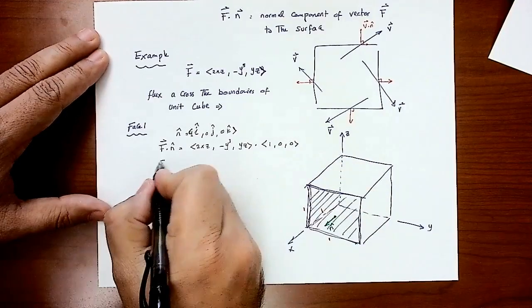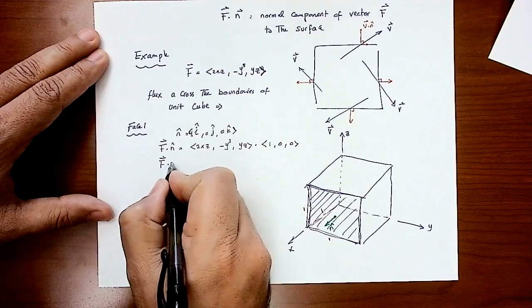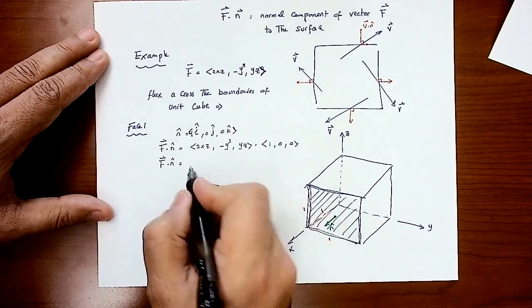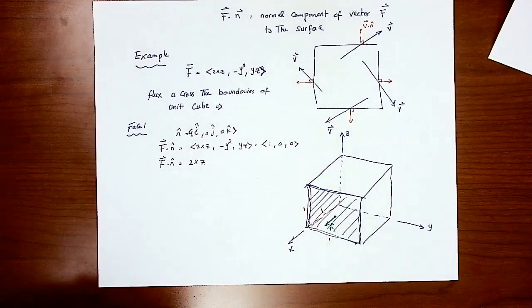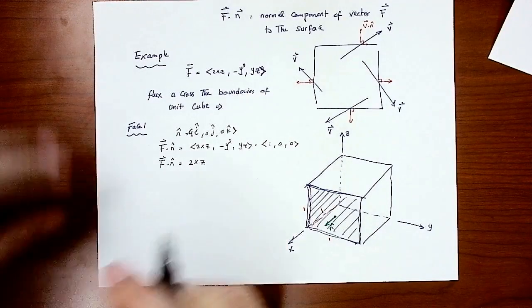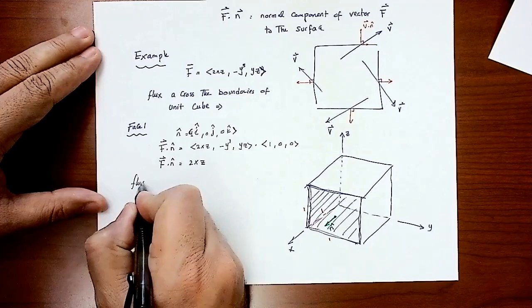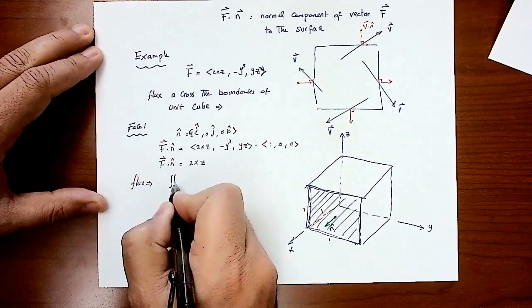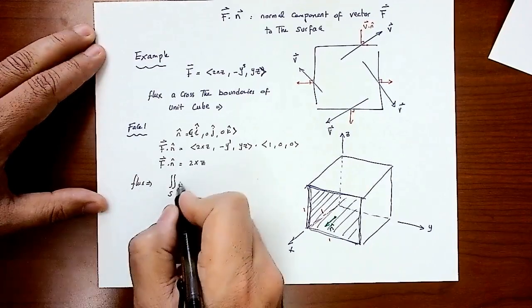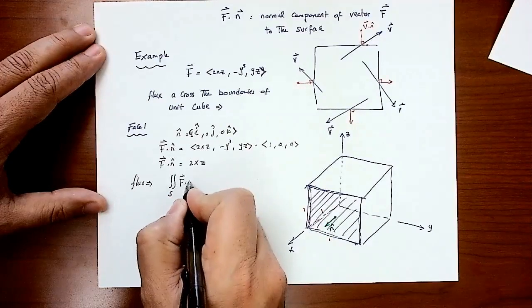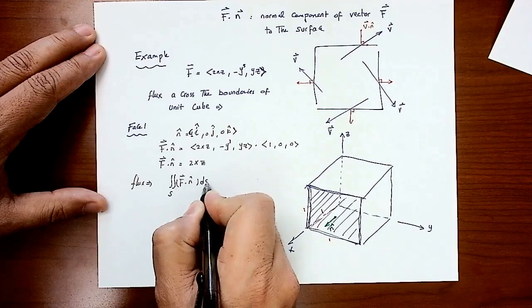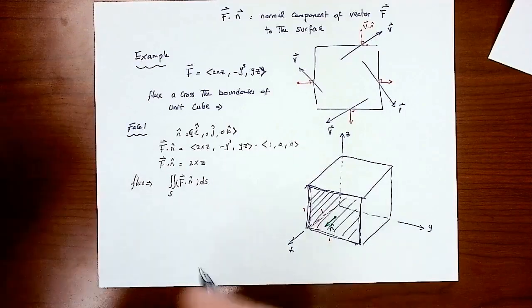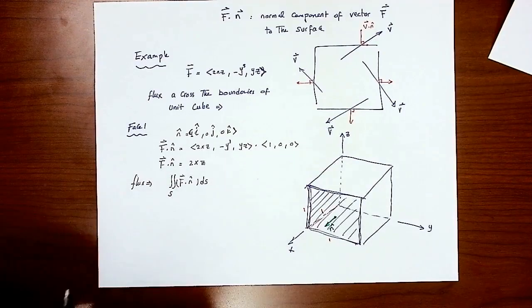You will end up having the normal component of that vector field is simply 2xz. To get the flux, you have to do the double integral over the surface of f dot n dS, where dS is the element surface area.